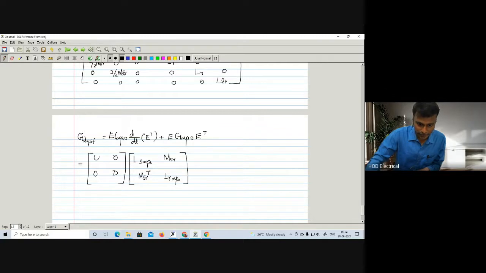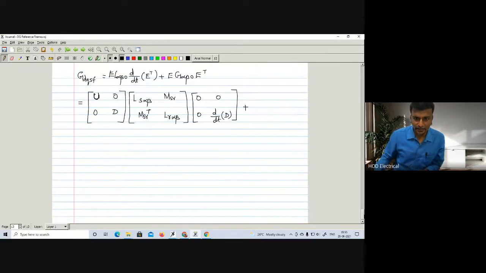We have this inductance matrix. Then the differentiation of the E matrix: the differentiation of the unit matrix is 0. Therefore, let me write directly the differentiation of this matrix as 0, 0, 0, d by dt of D matrix, plus the E matrix further.